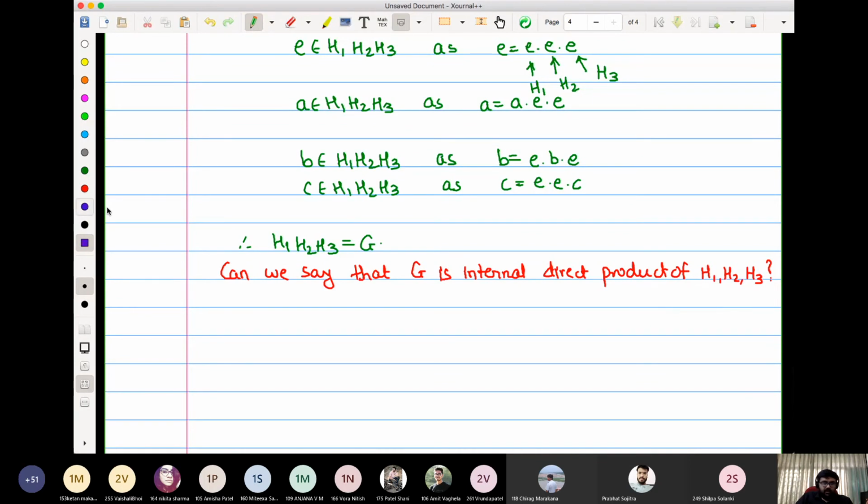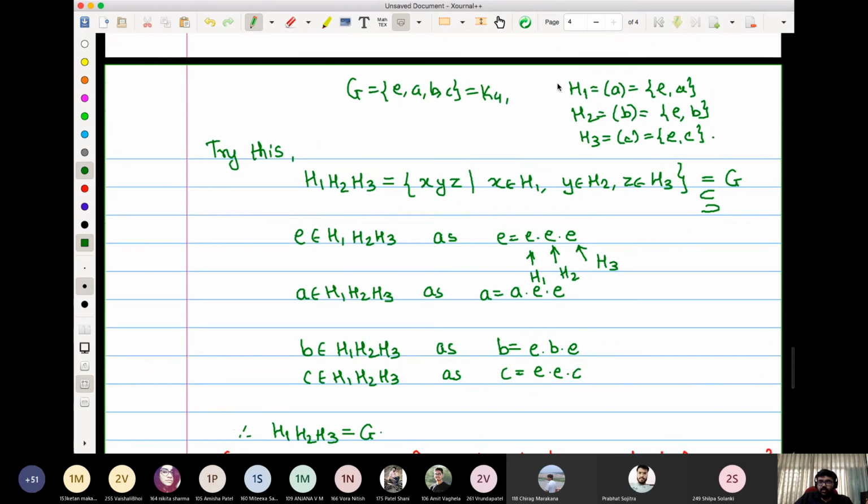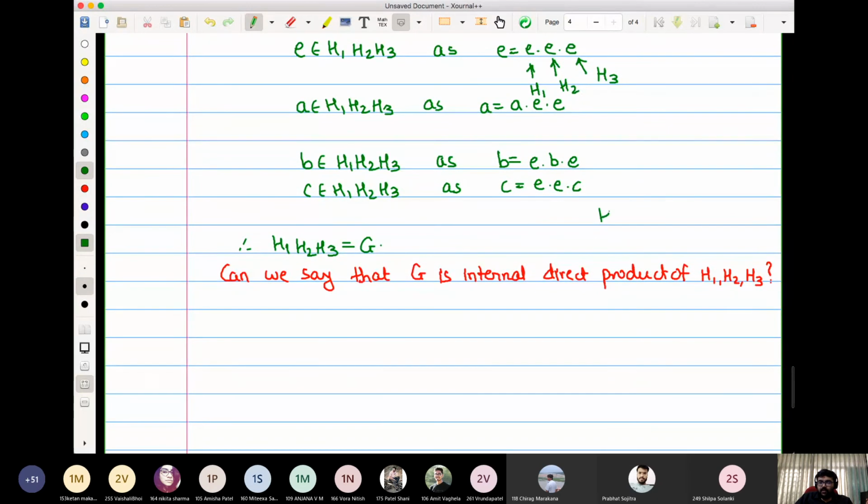And also note here we have some other conditions also. What is H1 intersection H2? What is the intersection of these two? And what is the intersection of first and third? H1 intersection H2 is only identity.